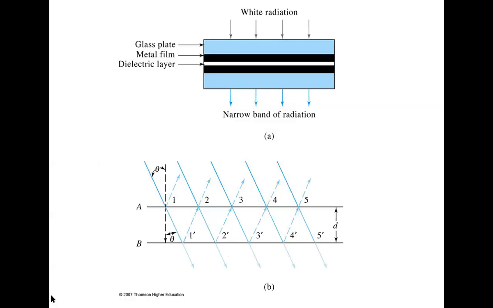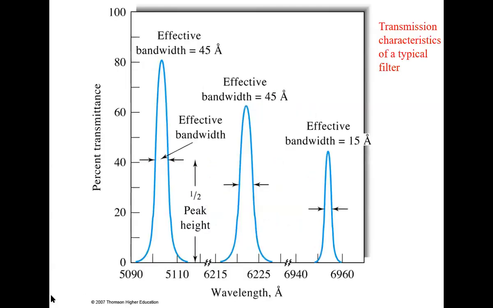So again, we've gone through this. Now there is something I want to emphasize before I move on to the next part. I want to talk about the transmission characteristics of a typical filter. You can measure the characteristics of a typical filter with percent transmittance and wavelength.